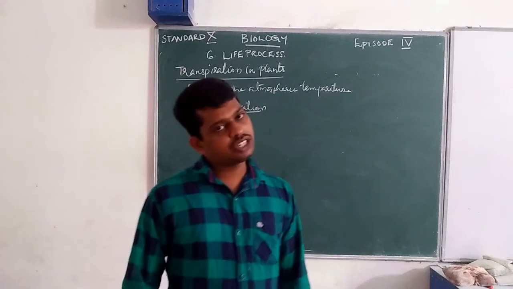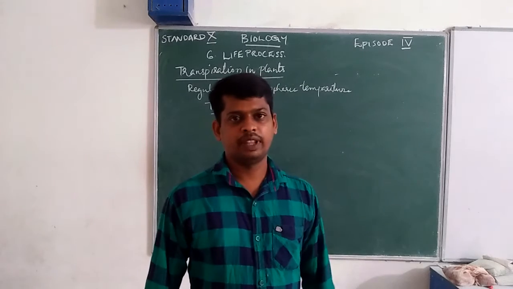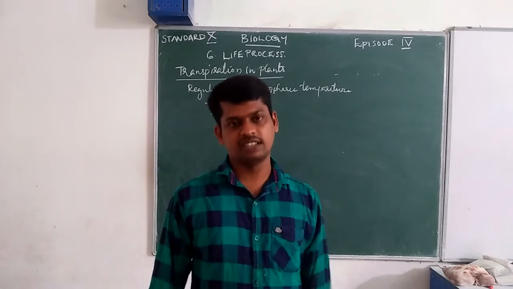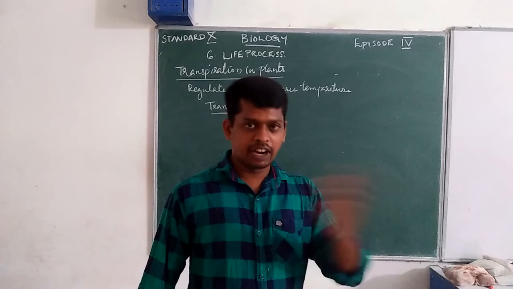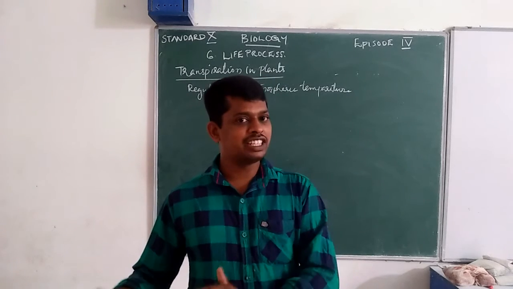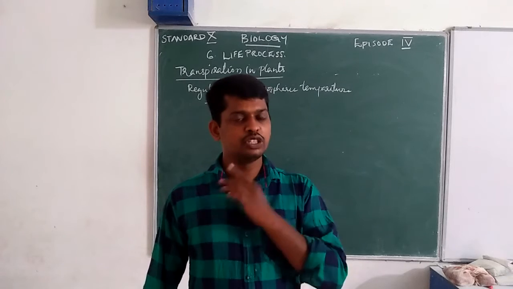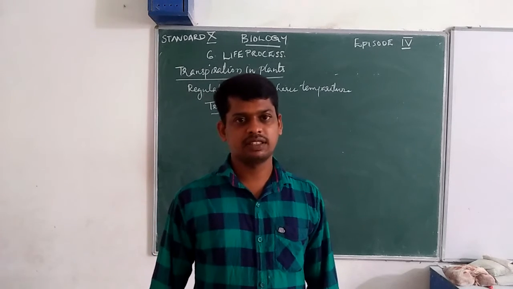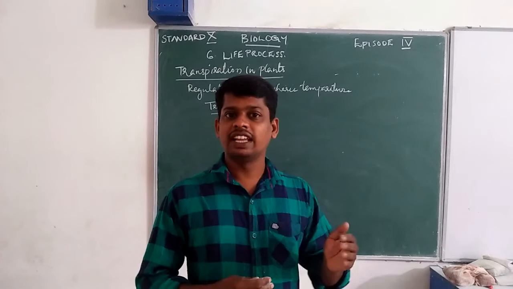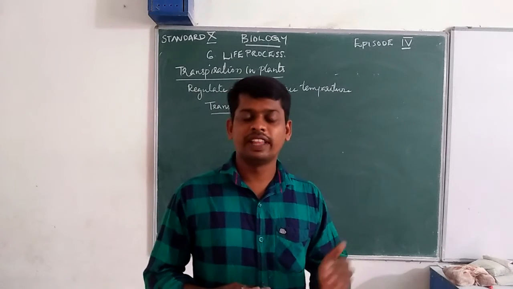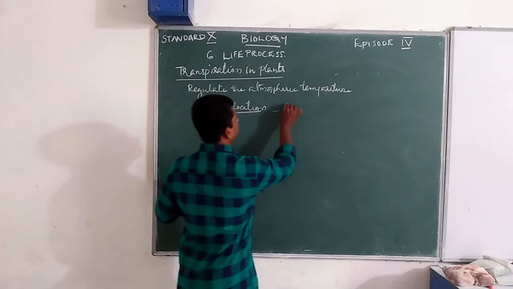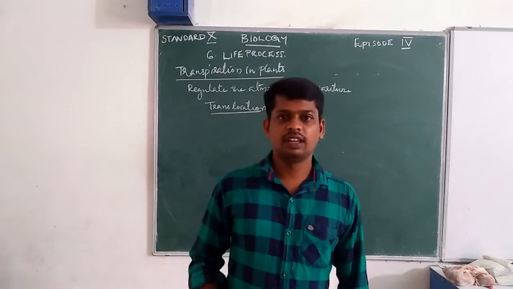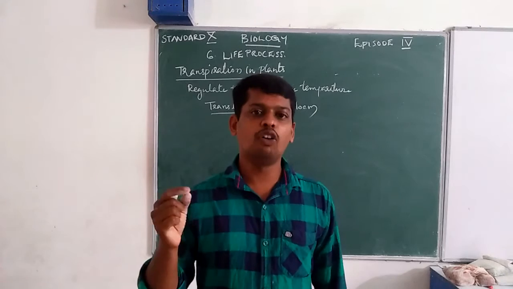The movement of food materials, water and some minerals, salt, etc., from the leaves, the kitchen of the plant, towards the various parts of the plant within the next vascular tissue, that is phloem.